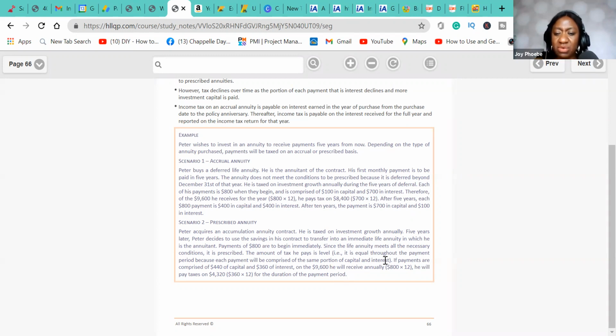The amount of tax he pays is level. That is, it is equal throughout the payment period because each payment will be prescribed the same portion of capital and interest.